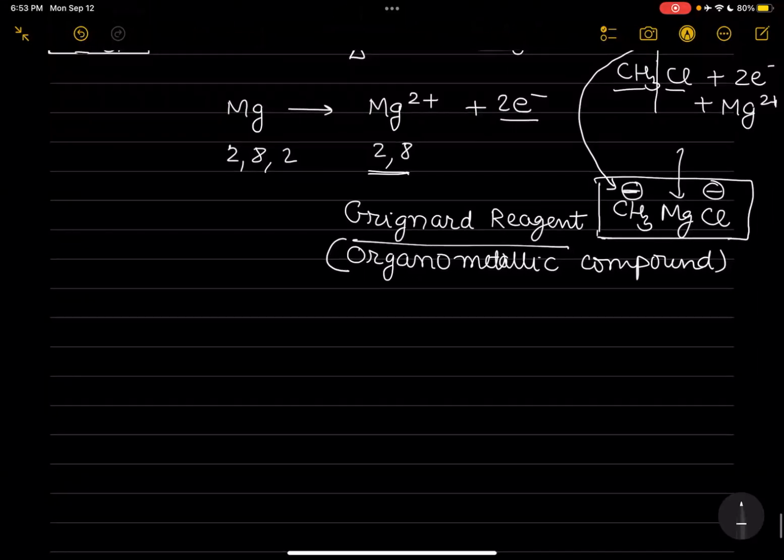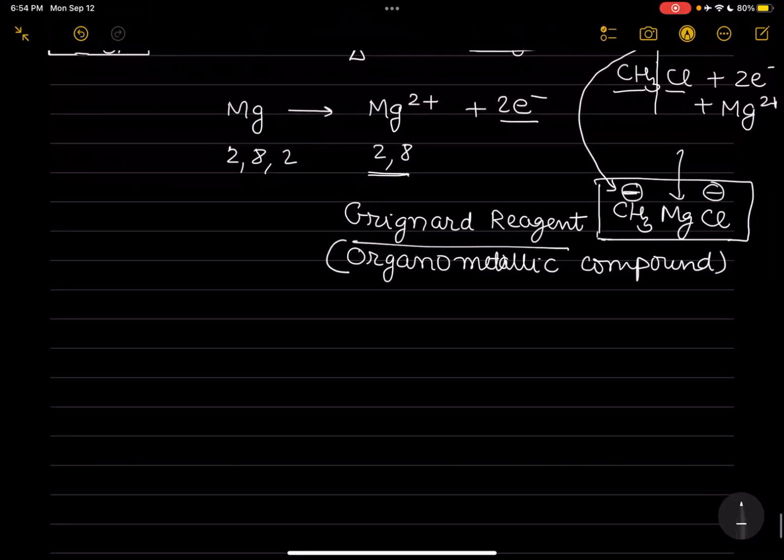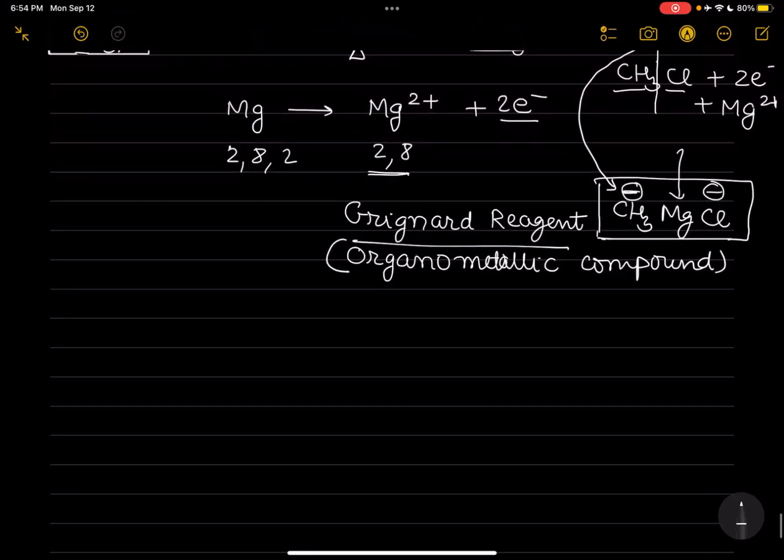Metals are electropositive, meaning they have a tendency to give electrons, so metals form cations, like Mg plus. If the metal is a cation, what is the charge on the carbon directly connected to it? Minus charge, because overall this is a neutral compound. Is it clear?